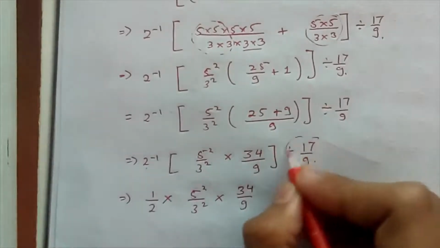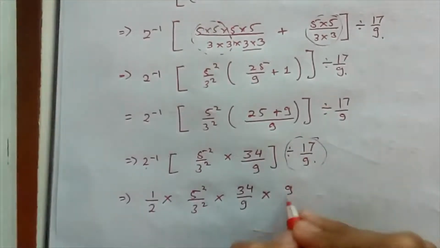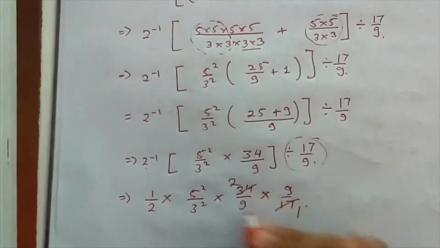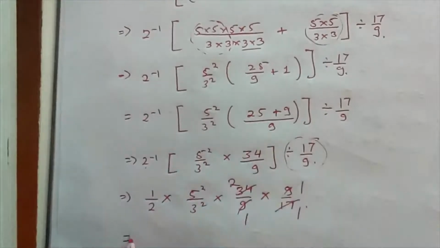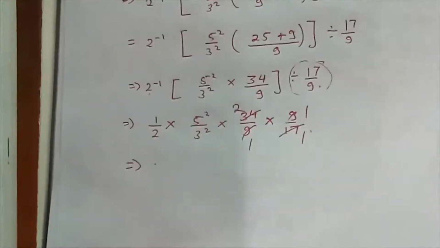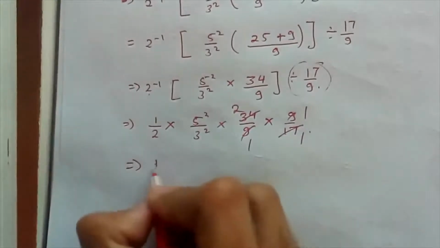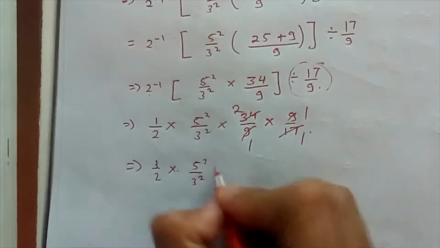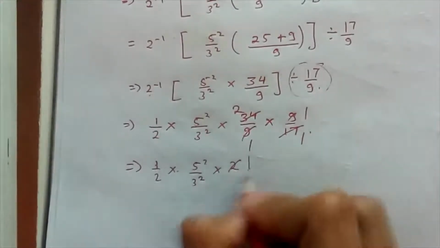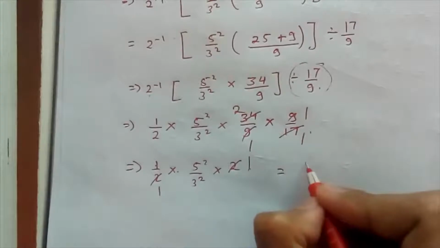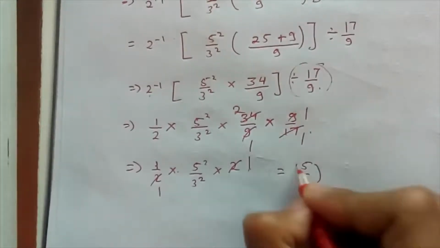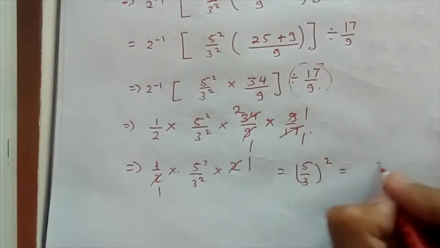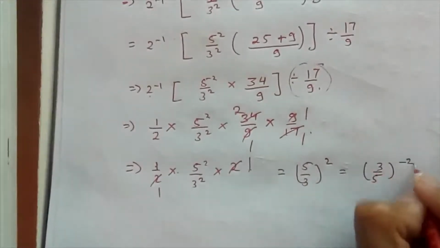And changing this to multiply like this. 17 ones are 17 twos are 9 ones are 9 ones are 5 square upon 3 square 2 ones are 2 ones are, so we'll get the answer as 5 by 3 whole to the power 2, but we have to find it at negative exponent, so it will be 3 by 5 whole to the power minus 2. Done.